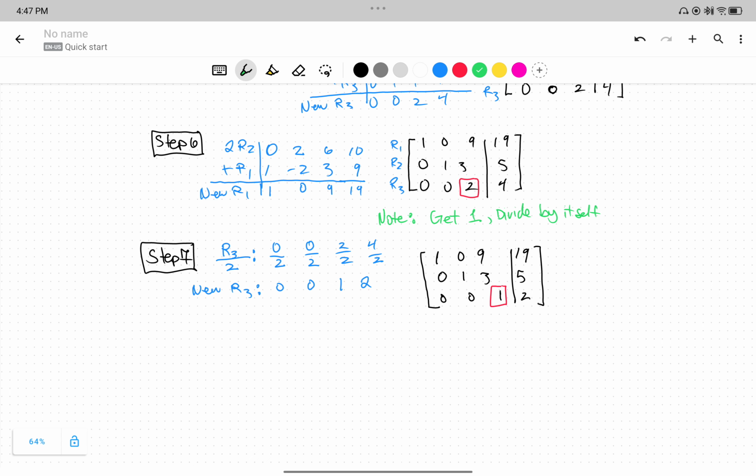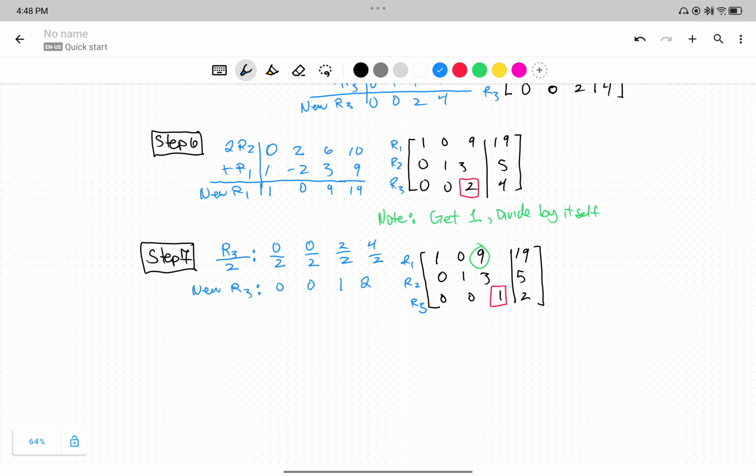Next are the zeros. So it really doesn't matter which one you do first. So I'll pick on that guy. So to turn that guy into a 0, since you have to use the one in the red box, we said the pattern is always use the opposite. So you need a -9. Okay, let's label row 1, row 2, row 3. In other words, to row number 3, you're going to multiply a -9 and then add it to row number 1.